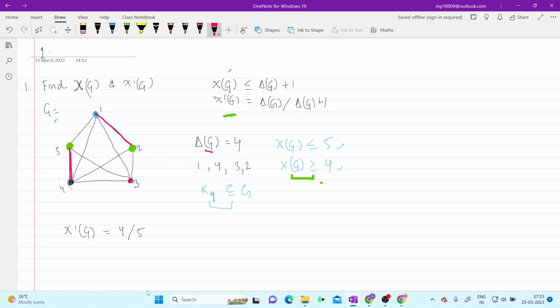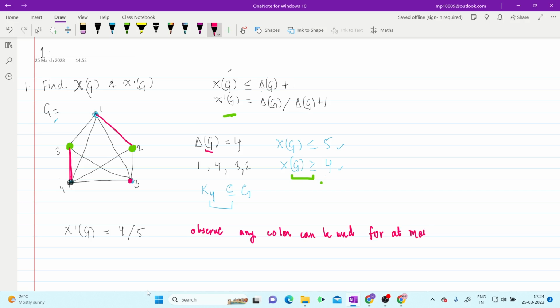No. Why? Because if we color, then there will be a common vertex. So we observe that any color can be used for at most two edges.